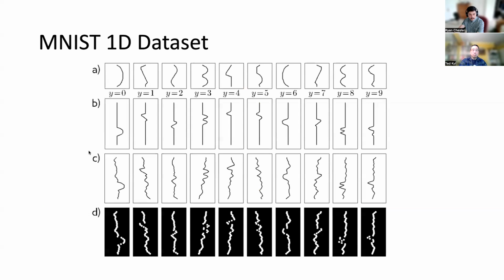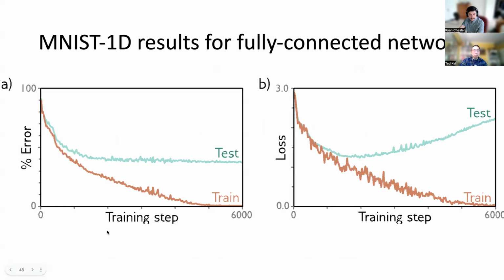So they're pulling out this MNIST 1D data set again. We looked at this in a previous week. We've got some flattened MNIST basically, and it's got the 10 different classes, and these are what the inputs look like. In a previous week, we looked at the fully connected network and its performance and how its training and test loss and error go.